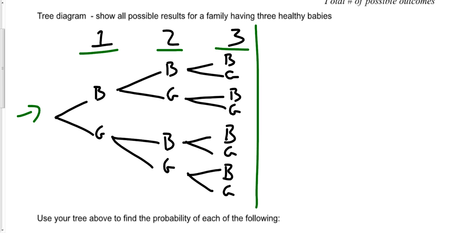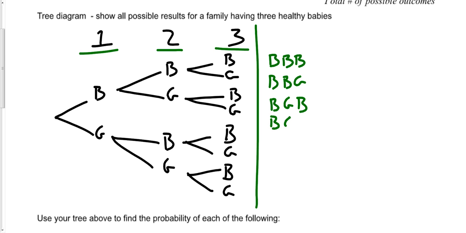Okay, so what I'm going to do is identify first. I've got boy, boy, boy. Those are my first possibilities. Then boy, boy, girl. Then I could go boy, girl, boy, or boy, girl, girl.